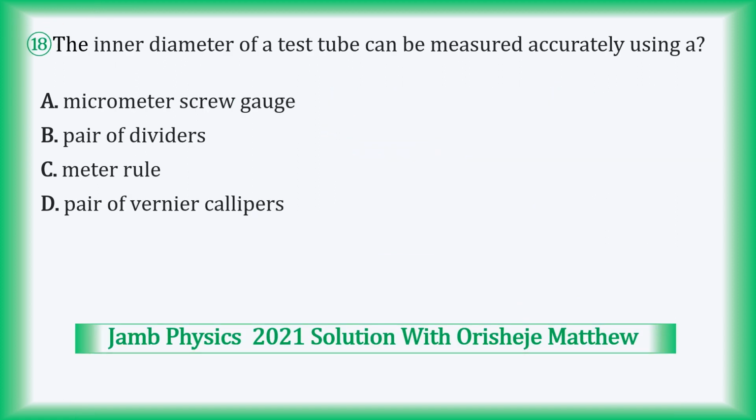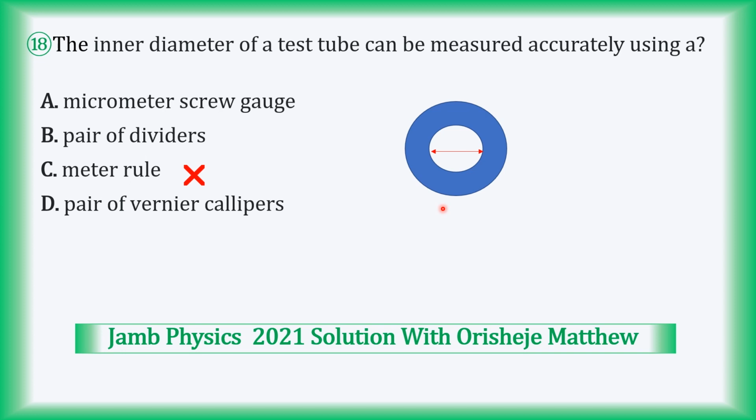Question 18. The inner diameter of a test tube can be measured accurately using a what? If you have a micrometer screw gauge, no. So if you have the test tube, the inner diameter, the distance within the inner portion, what do you use to measure that effectively?